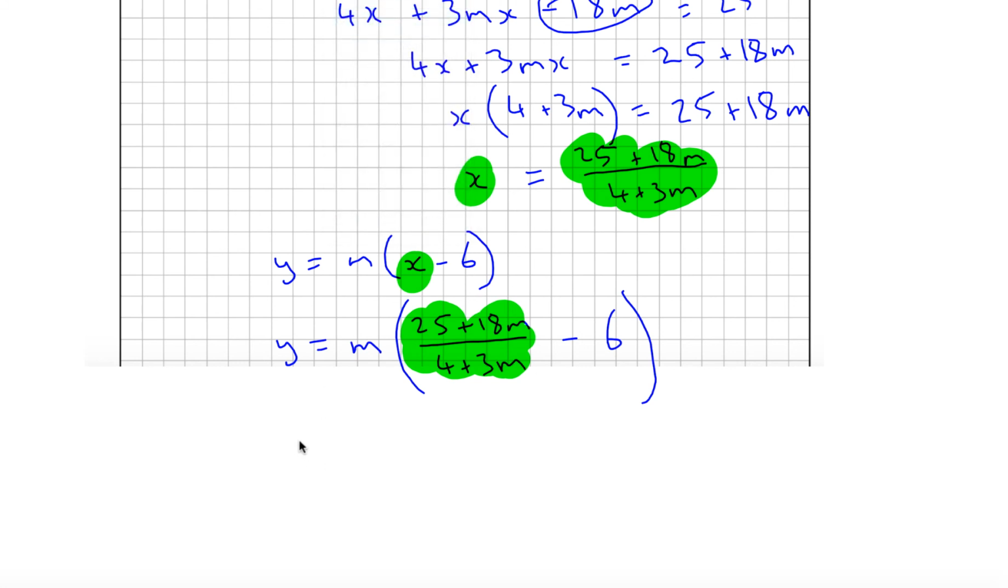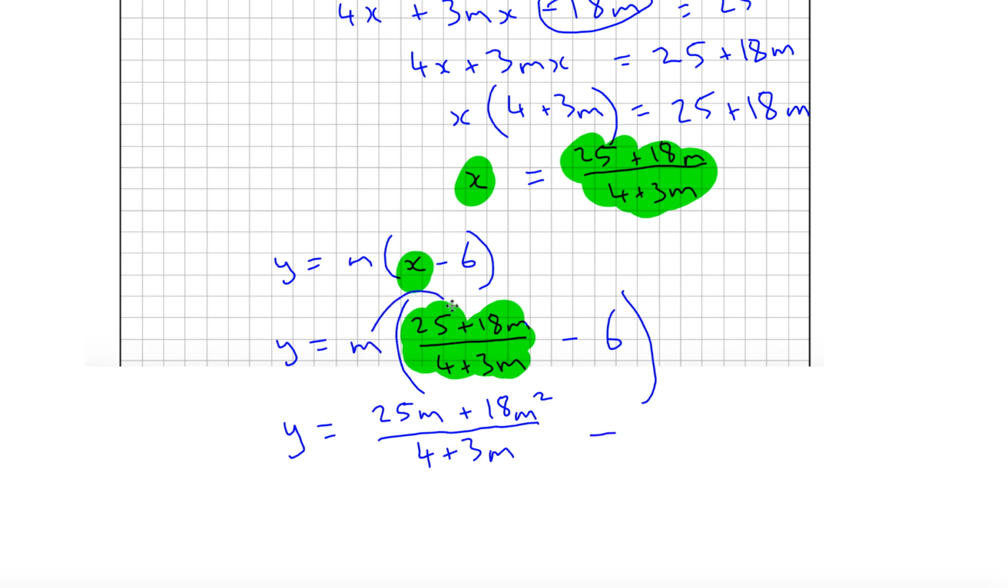So that gives me y is equal to, you can multiply m by this, gives me 25m plus 18m squared over the 4 plus 3m. So I've just multiplied the m by this fraction, so the m multiplies by the top.